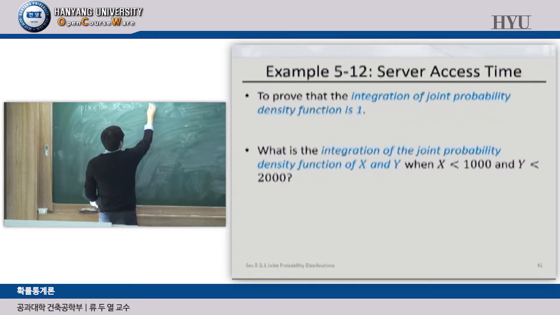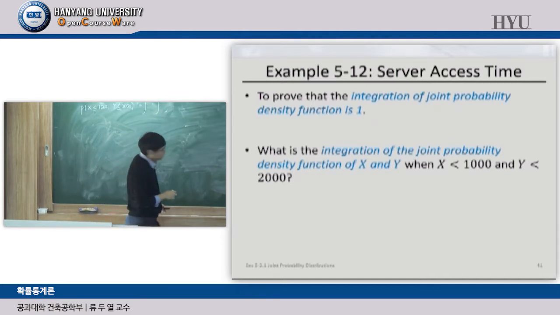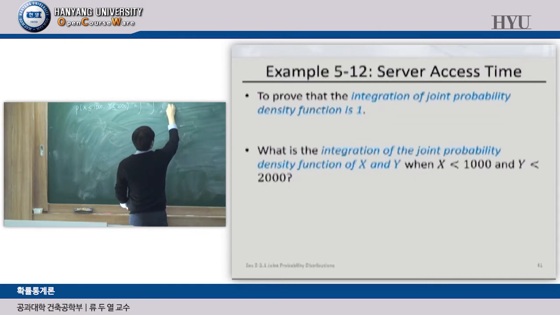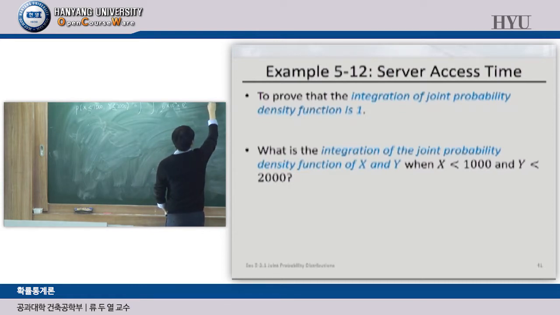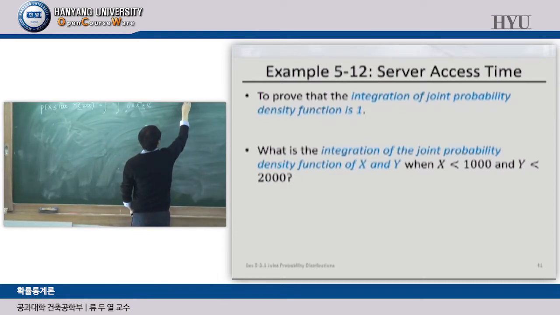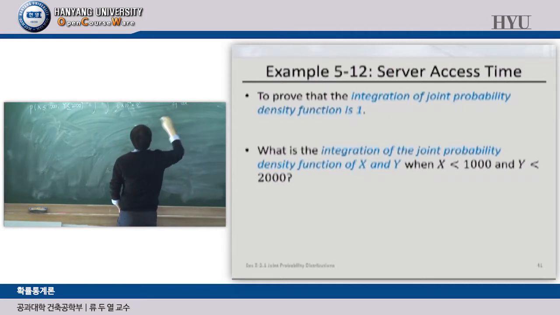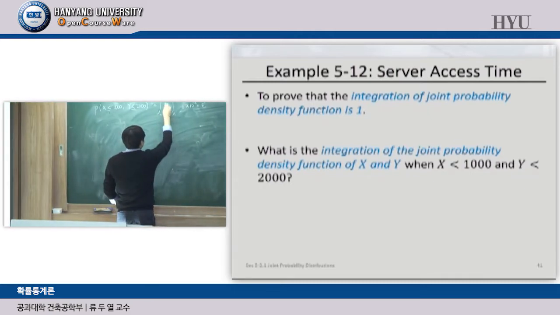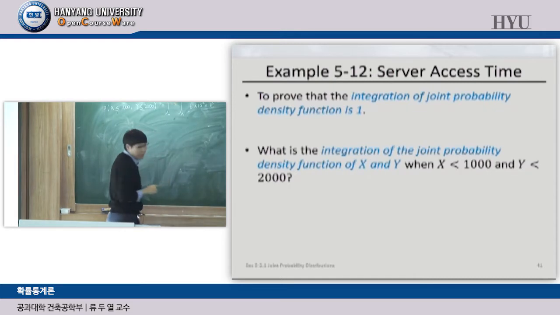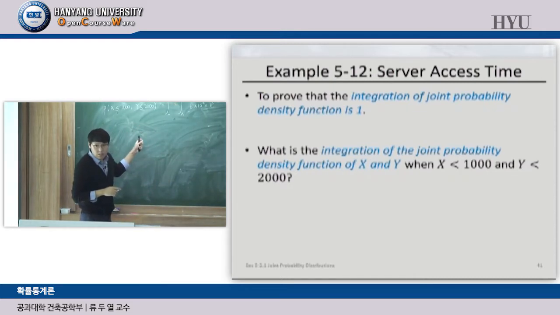And this should be the double integration, okay? 6 by 10 to the minus 6th power by exponential minus 0.001x minus 0.002y dy and dx. And this is from x to 2000, right? And this is from 0 to 1000, okay? This is the example.